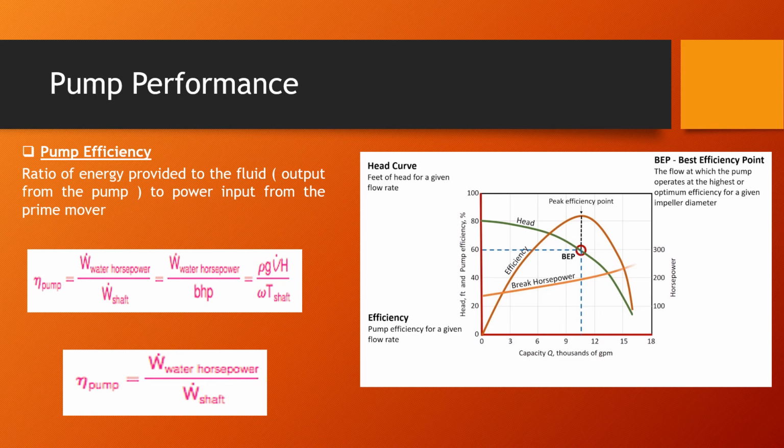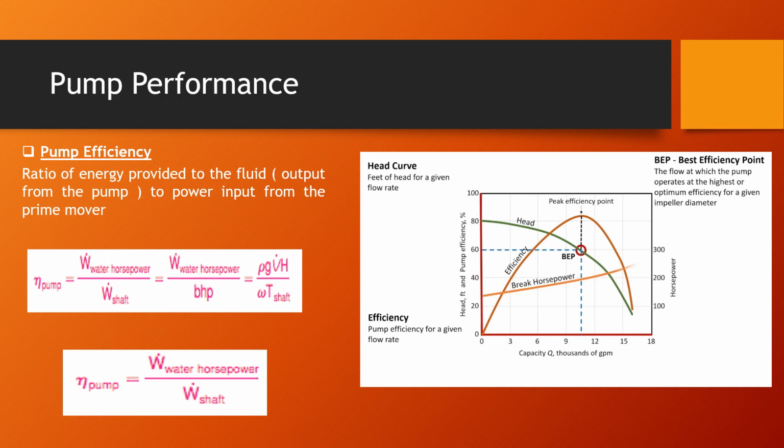Pump performance. So we're going to be doing a little bit about pump performance also in the experiment. Basically pump efficiency, that's what we're going to be looking into. For a centrifugal pump, the overall efficiency is basically the ratio of the energy imparted to the fluid to the mechanical energy imparted to the pump by the prime mover.